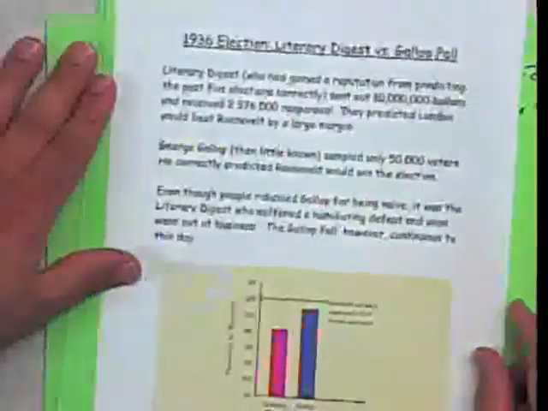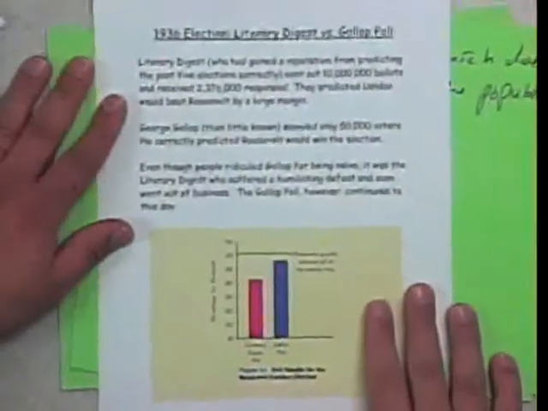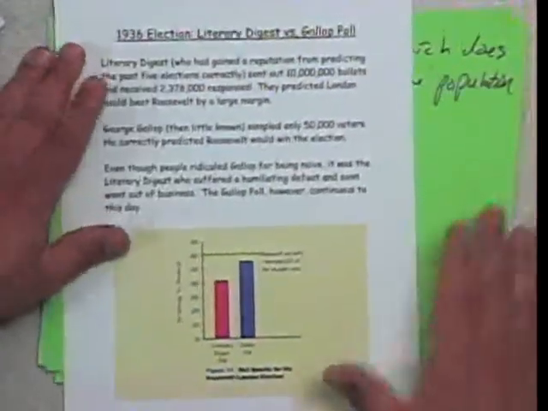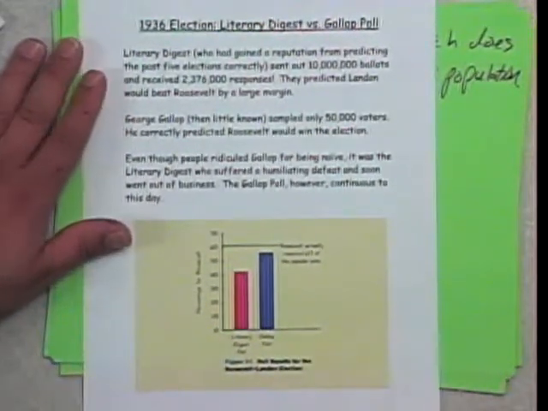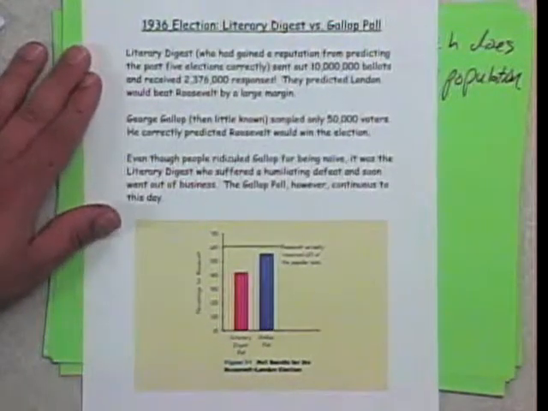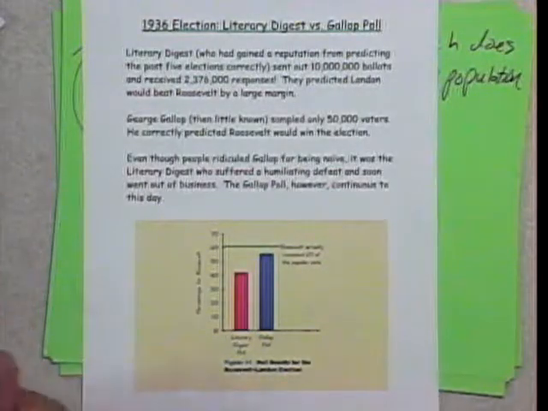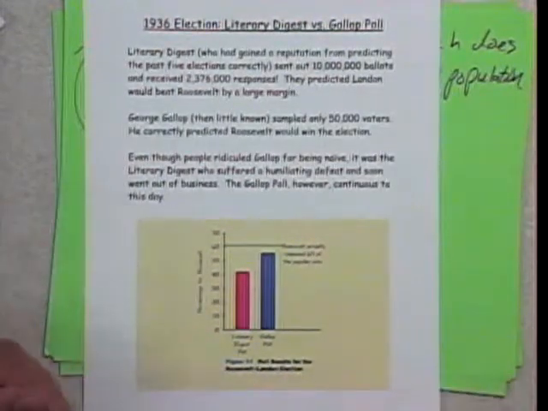This is a true example here. The Literary Digest was a magazine near the beginning of the 1900s, so the beginning of the 20th century. And what they did during the presidential elections, they would take huge surveys and they would predict who would win the election.